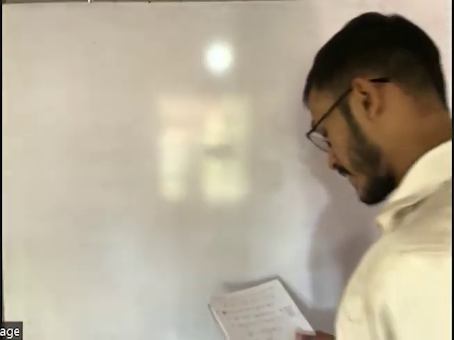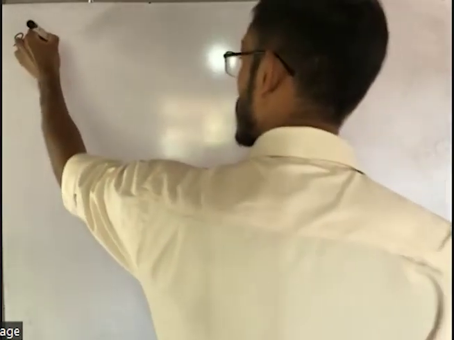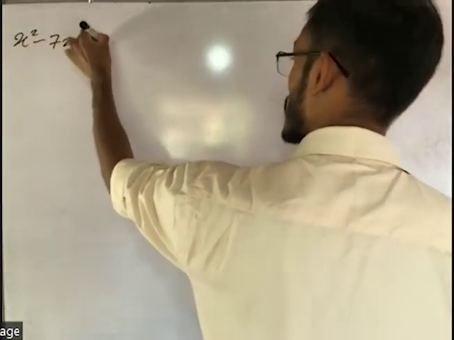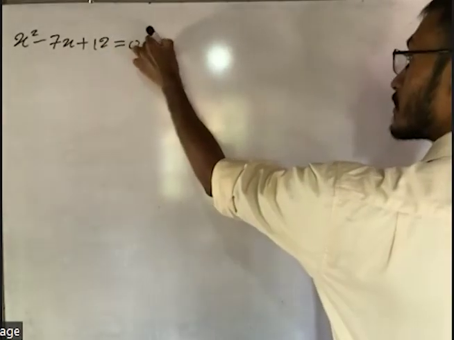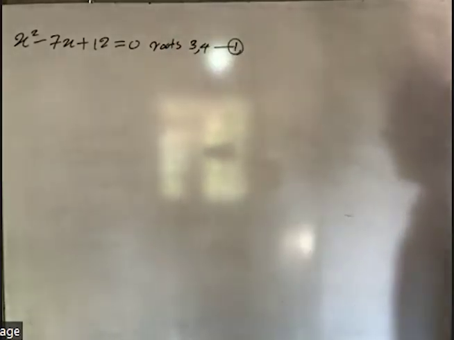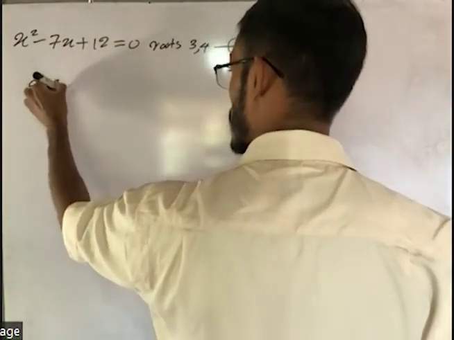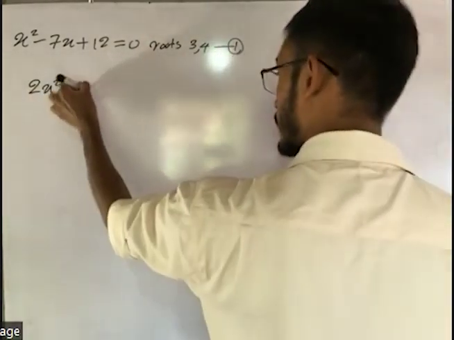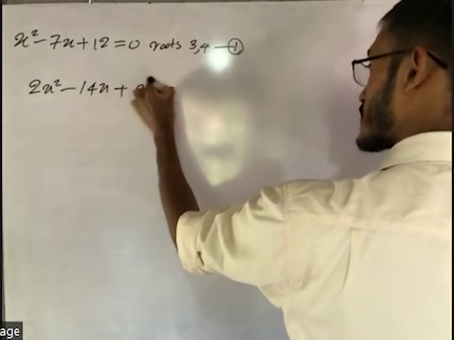Right. So let's see what is meant by that. So I am taking a quadratic equation x square minus 7x plus 12 equal to 0. So we know that here the roots are 3, 4. I will take this one as number 1. Right. Then I will take another quadratic equation 2x square minus 14x plus 24 equal to 0.